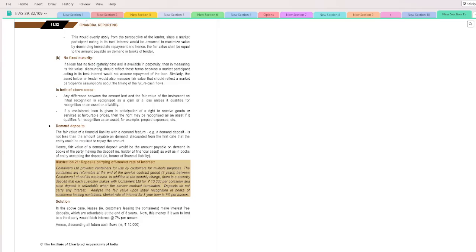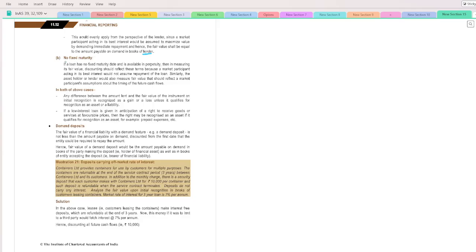For the lender and the borrower, the amount should be at least what the lender can ask to be repaid. So at least that amount should be the fair value.